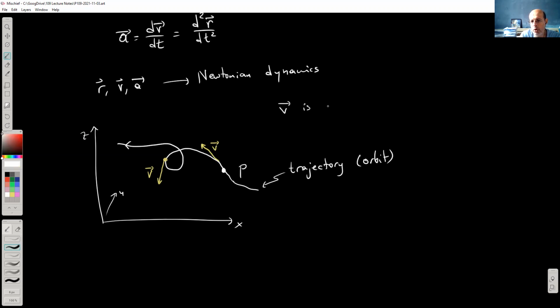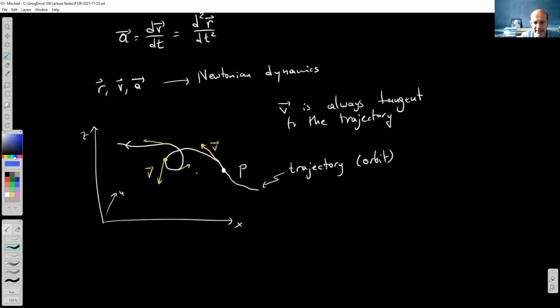V is always tangent to the trajectory, right? The reason is that the displacement is, of course, along the trajectory, tangent to the trajectory. So therefore, the velocity should also be, right? So at every point, the velocity would be like that.